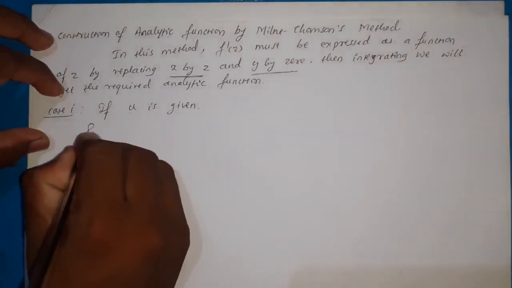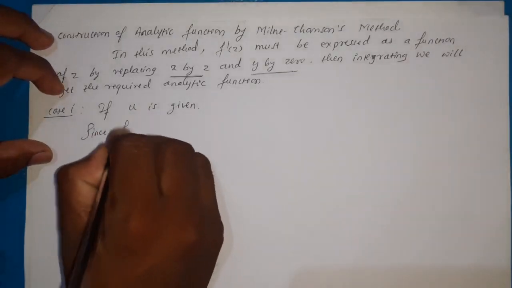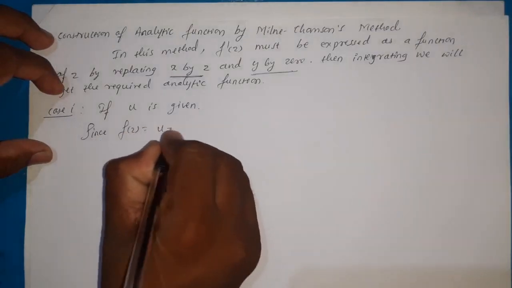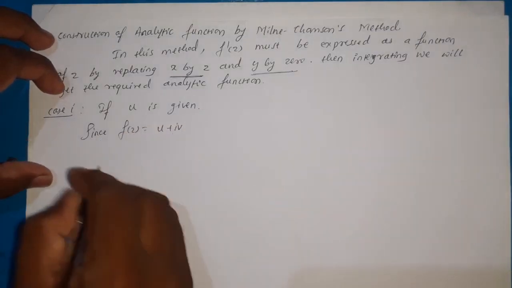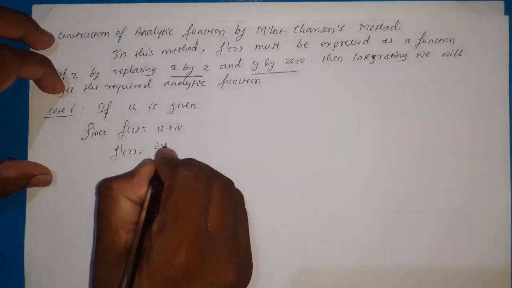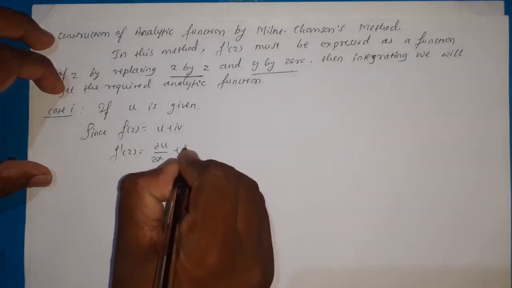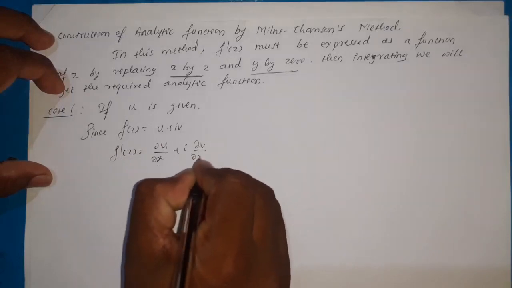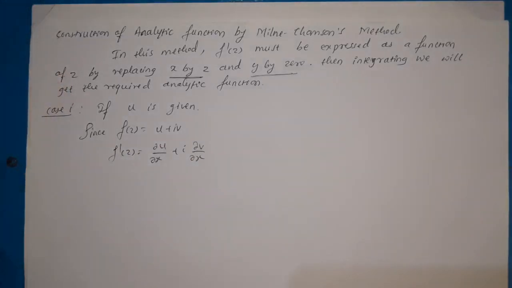Now since f of z equals u plus iv, f dash of z equals dou u by dou x plus i into dou v by dou x. Here we don't have v, right?